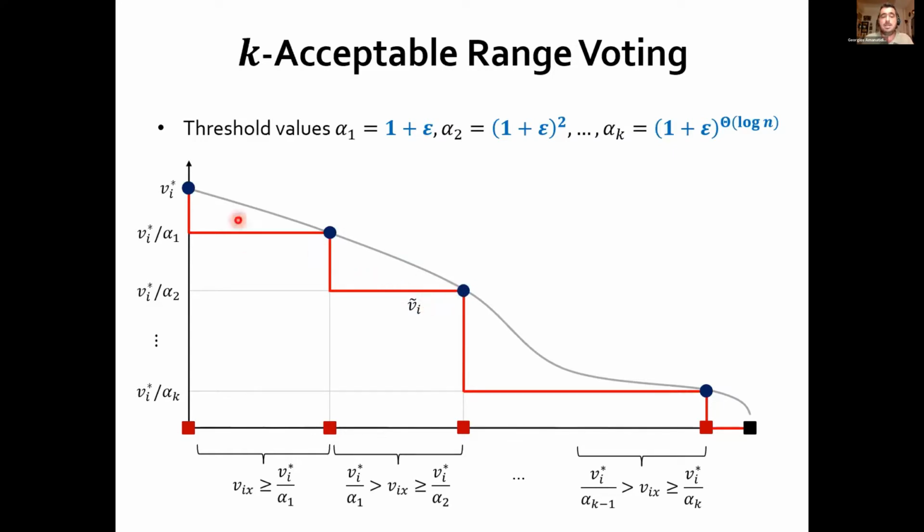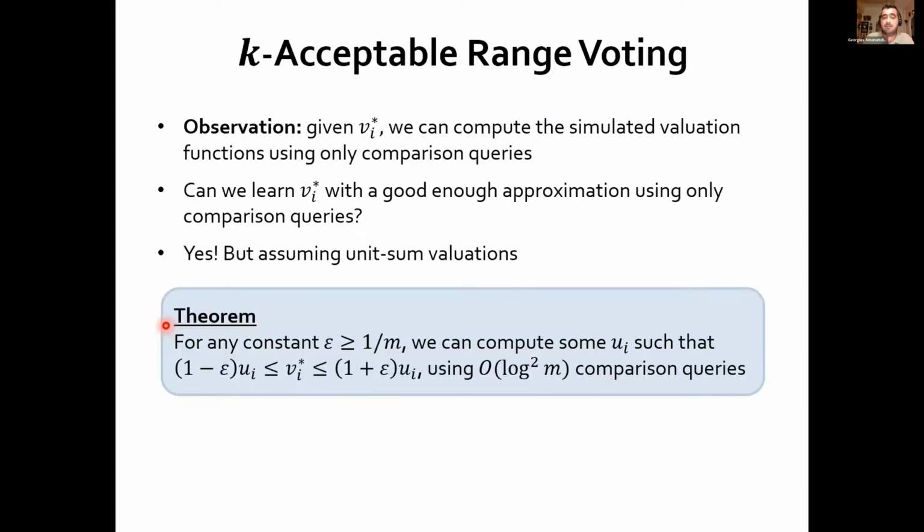And now, because everything is expressed in terms of VI star, and we know that everything sums up to 1, essentially we have a quantity that VI star is a common factor, and then we can estimate VI star within a multiplicative 1 plus epsilon factor.